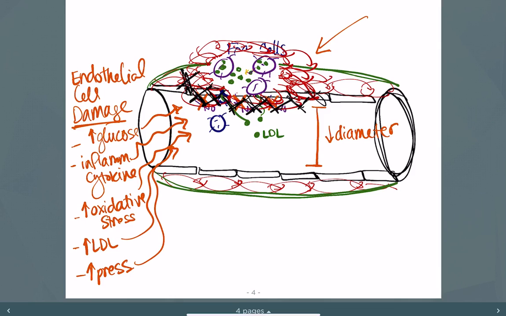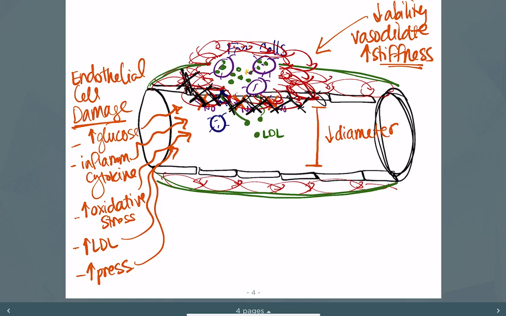If you need to vasodilate when you need more blood to an area, this plaque is going to make the wall very stiff and non-responsive. So you're going to see decreased ability to vasodilate due to increased stiffness of the wall.